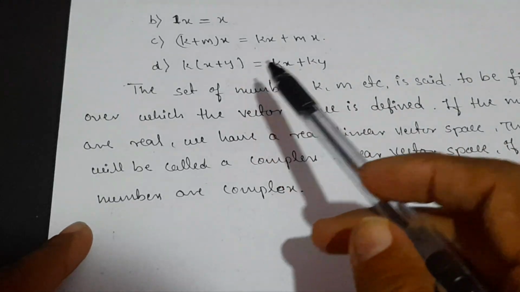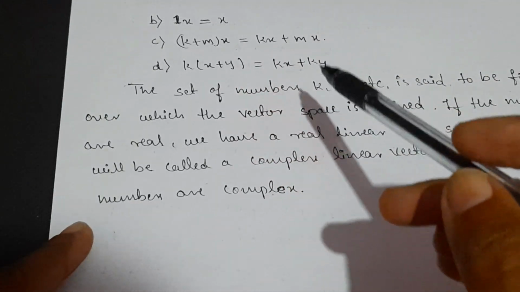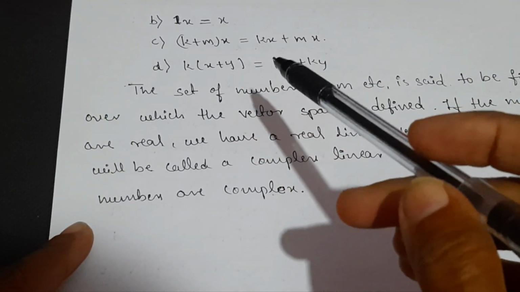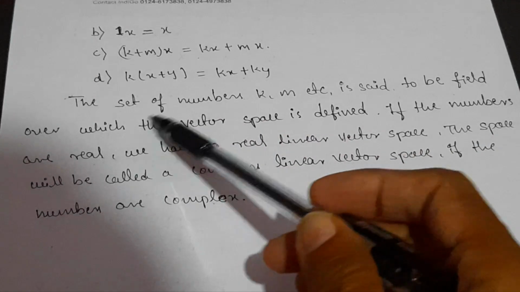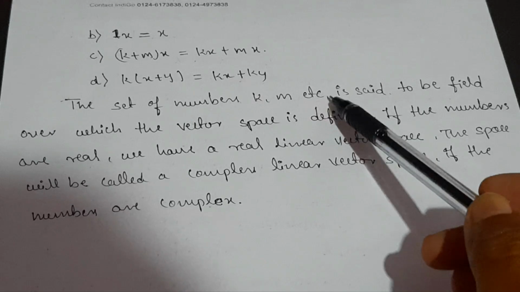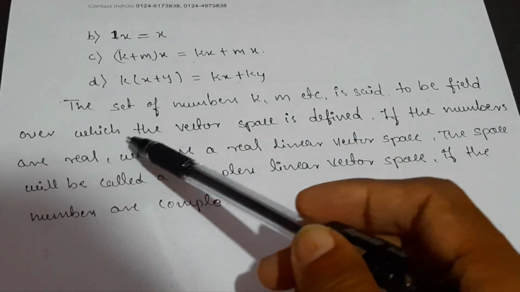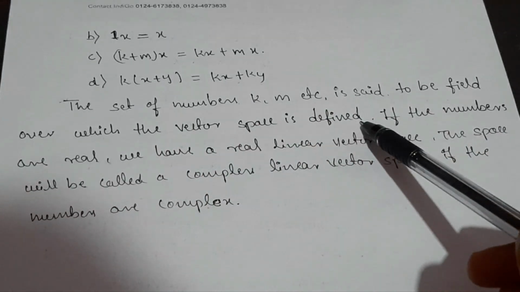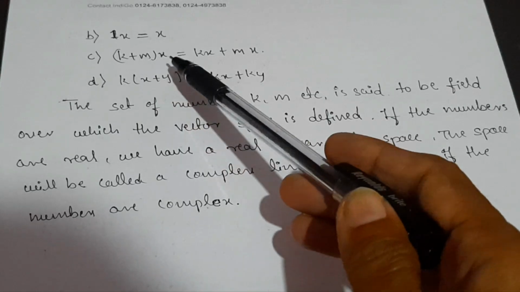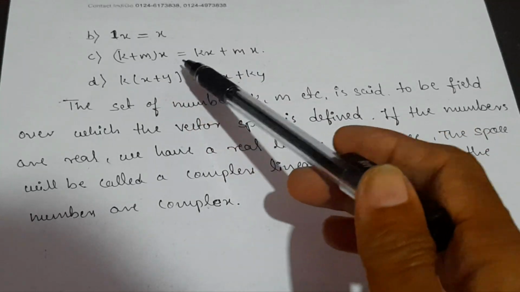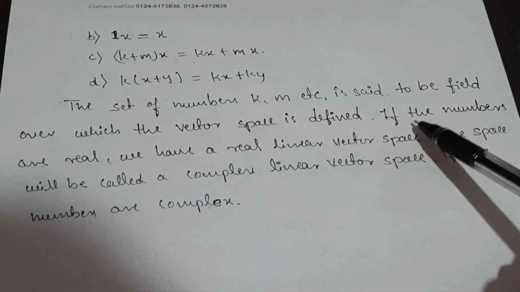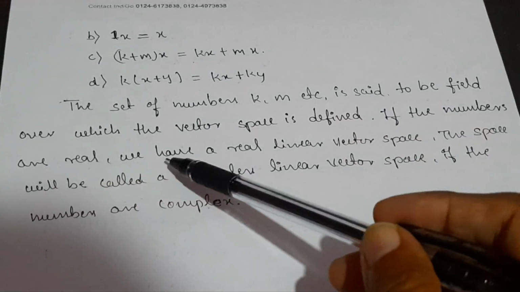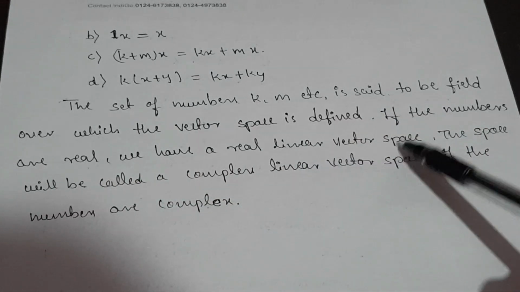So this is what we can call the overall vector space. The set of numbers k, m, etc. is said to be the field over which the vector space is defined. Whatever k and m we have taken are scalars, whereas x, y, z are vectors. If the numbers are real, we have a real linear vector space.